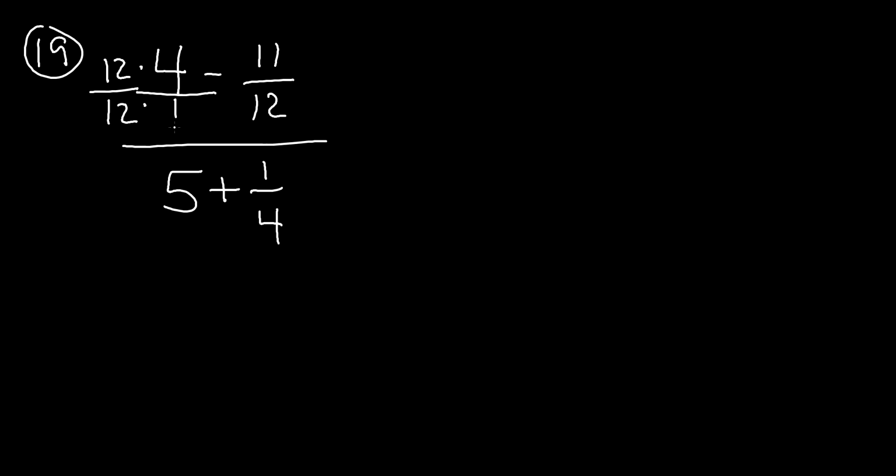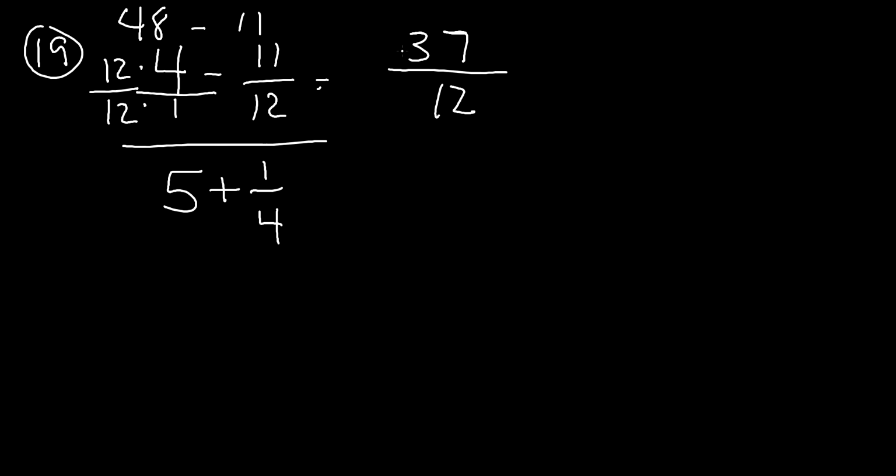There's really a 1 there. All right, so that'll give me 48 minus 11. Okay, so what will that be? I've got a 12 in the denominator, and 48 minus 11 is 37.